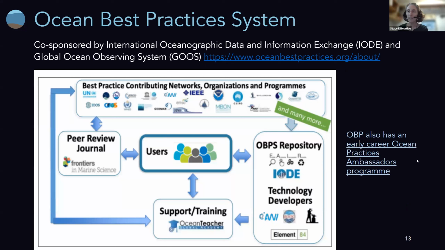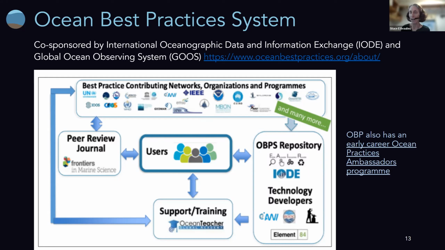The Ocean Best Practices System is a repository in which one can deposit an article, a technical report or article related to a best practice, and you can obtain a DOI, Digital Object Identifier, for your report. This repository is co-sponsored by the International Oceanographic Data and Information Exchange.